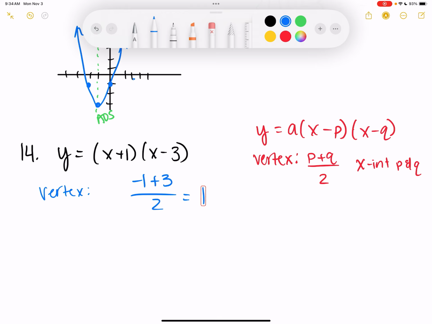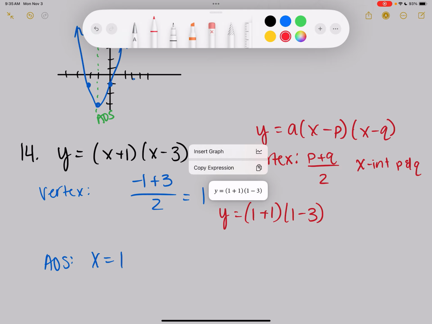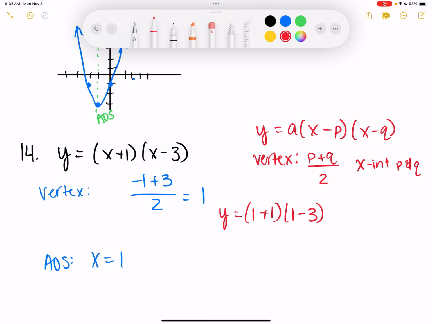So I could technically go ahead and do my axis of symmetry now at x equals 1. But to find the y coordinate, I need to plug this in. So y equals 1 plus 1 times 1 minus 3. So I've got 2 times -2. 2 times -2 is -4. So my vertex is at 1, -4.